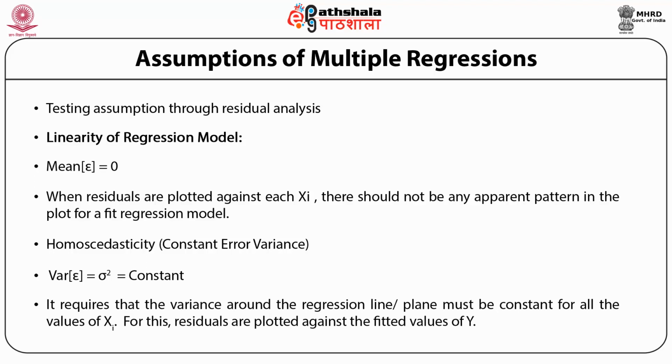For this, we can plot the residuals against the estimated value of y, and if the residuals show equal fluctuations around a zero mean, it means the assumption of constant error variance has been met, otherwise not.